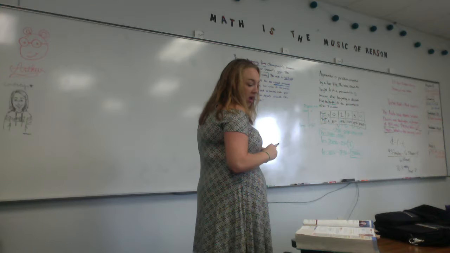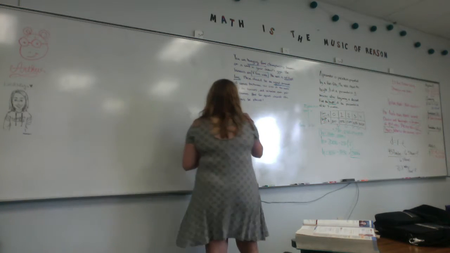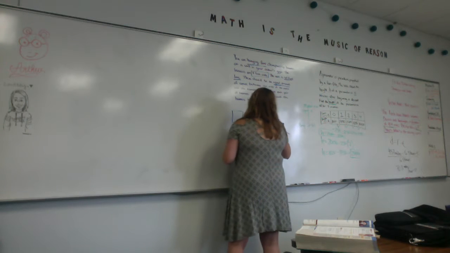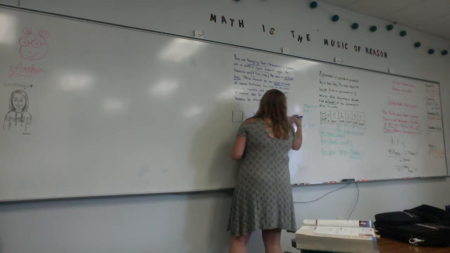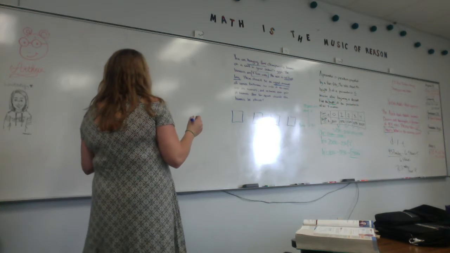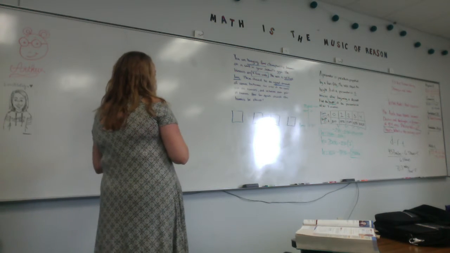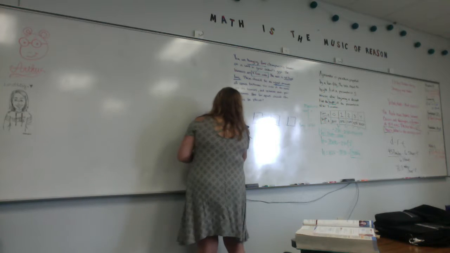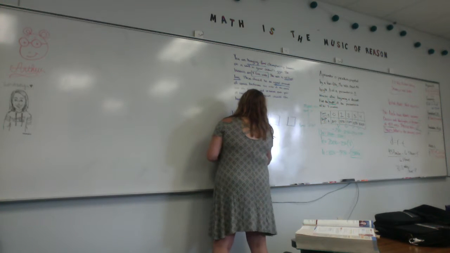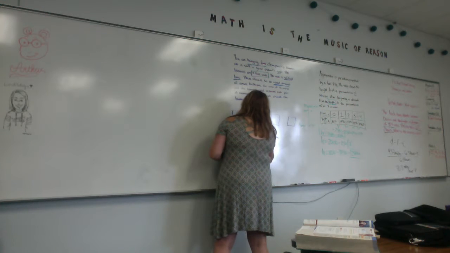Okay, so how many banners did we have? We had 4. So I'm just drawing 4 boxes so that I can represent those 4 banners. Does that make sense? Okay. So I have 4 banners. It says the banners are how many feet wide? 8. So I'm going to label this as 8 feet, the width of that, okay? All of these are 8 feet.